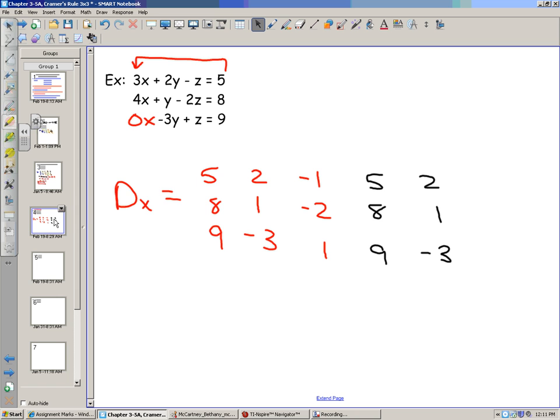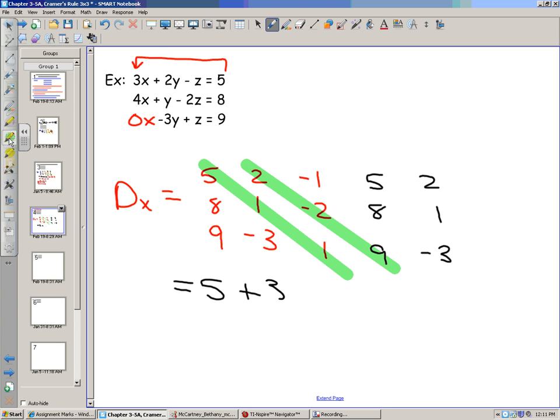How do I calculate? 5, 1, 1 gives me 2, negative 2, 9. And negative 1, 8, negative 3.